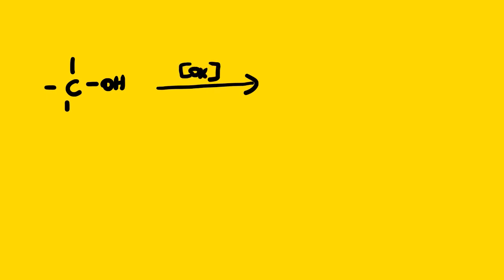But you should also note that we can oxidize a primary alcohol straight to carboxylic acids. It fully depends on the type of oxidant reagent that we use. We will get to that in a moment.